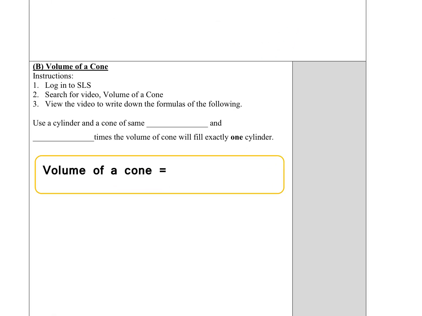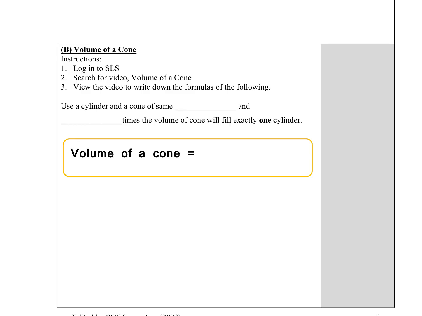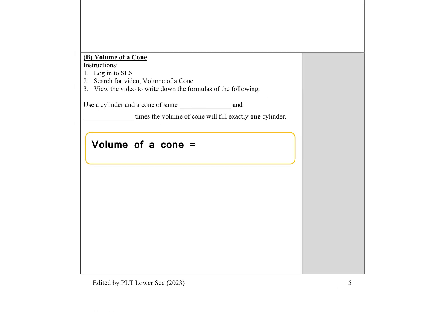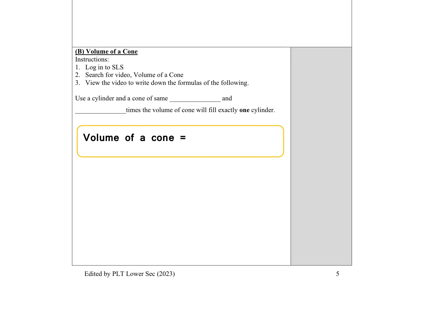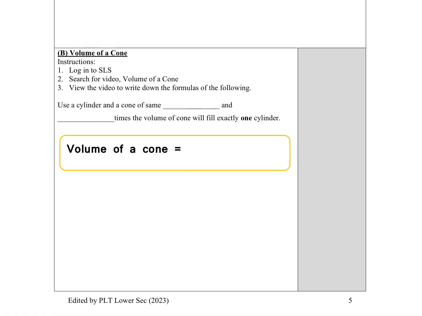First, volume of a cone. Can you jump to page 5 instead, since I've done volume. Okay, listen, it is 1/3 pi r square h. This is my base area. This is my height.